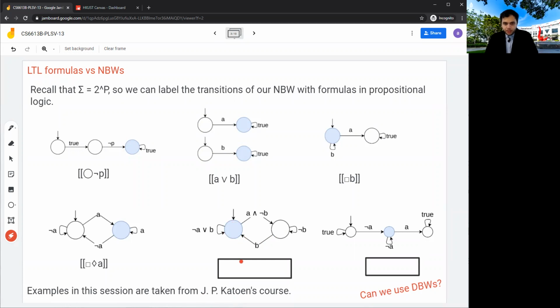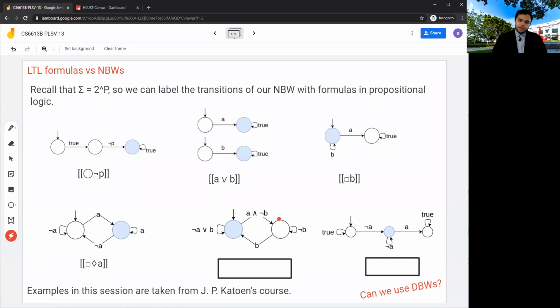Right? So what are the cases when I can visit this vertex infinitely often? Well, one case is if I never go to the other side, if I just stay here, right? So if I never get to a letter that satisfies A and not B. But the other case is that I see that letter, I see A and not B, and I go there, but then I have to see a B in the future to come back, right?